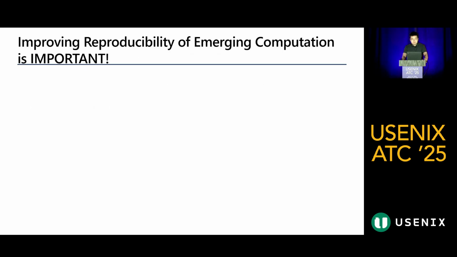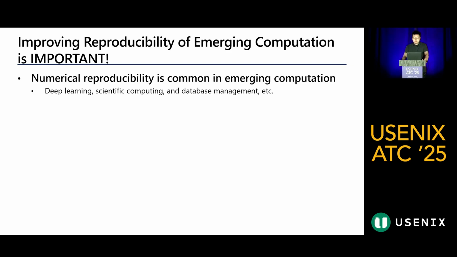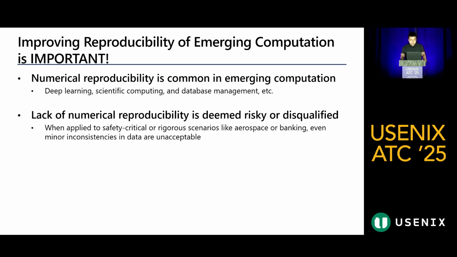So we think improving the reproducibility of numerical computation is very important. First, numerical reproducibility is very common in numerical computations, for example, deep learning, scientific computing, and database management. Second, the lack of numerical reproducibility is deemed risky and disqualified, especially in banking or aerospace, because minor inconsistencies in data are unacceptable.